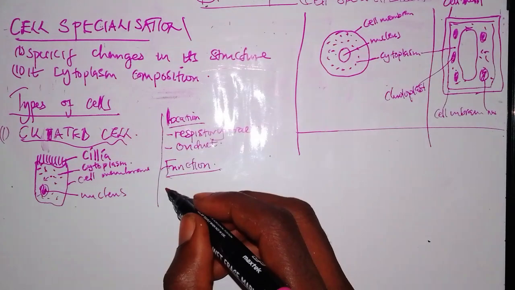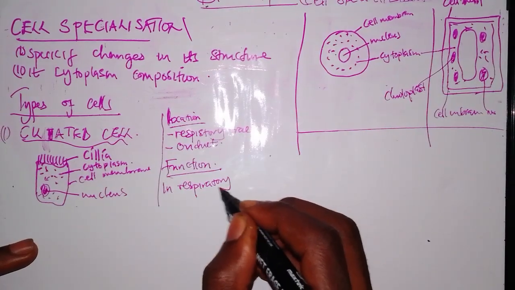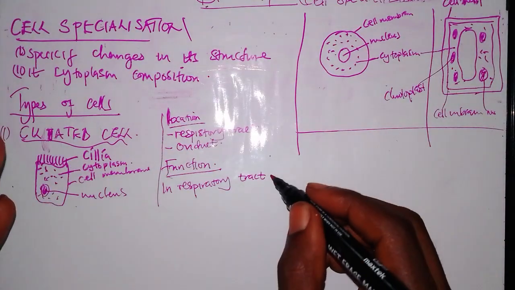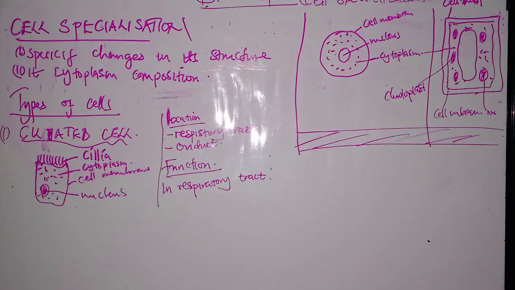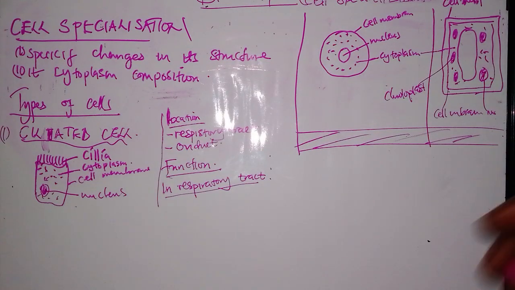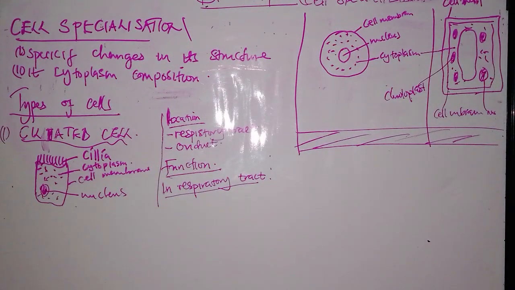So in the respiratory tract, what is the function of the ciliated cell? If you see these cilia, they look like hair-like structures. Their function is to sweep out the mucus which contains dust particles and germs.